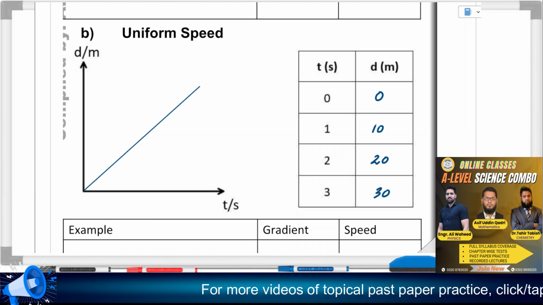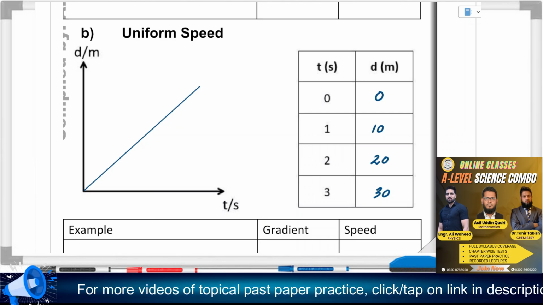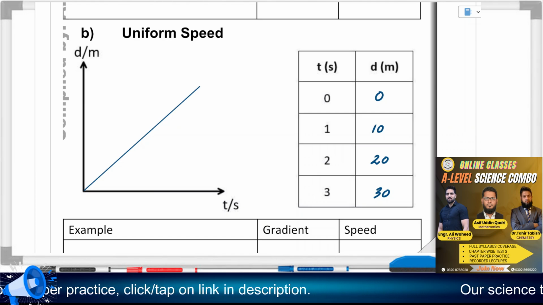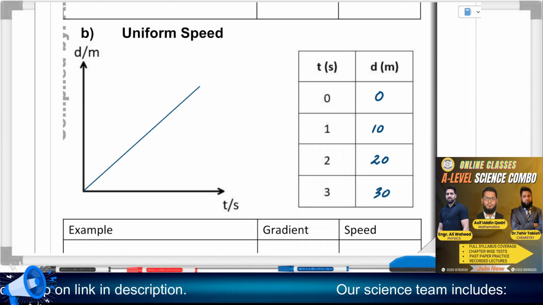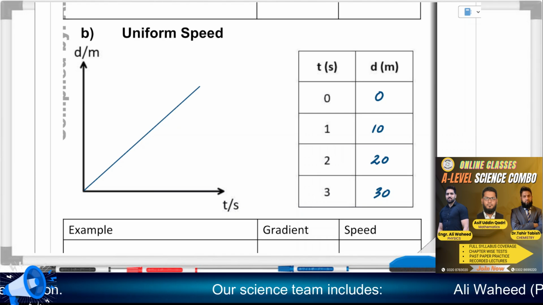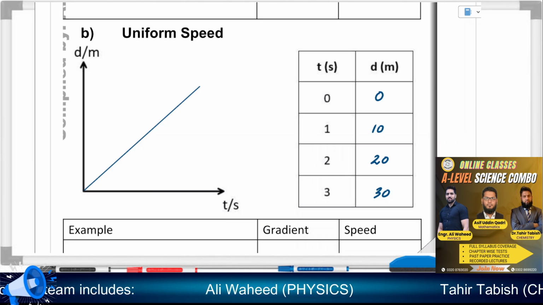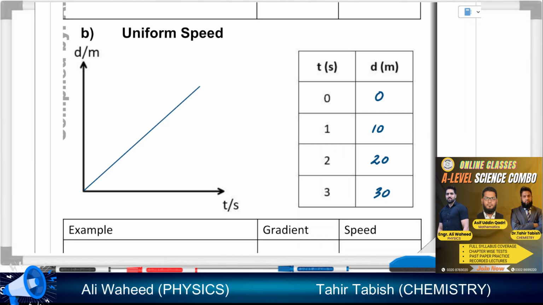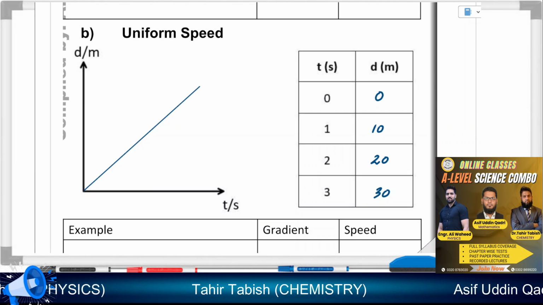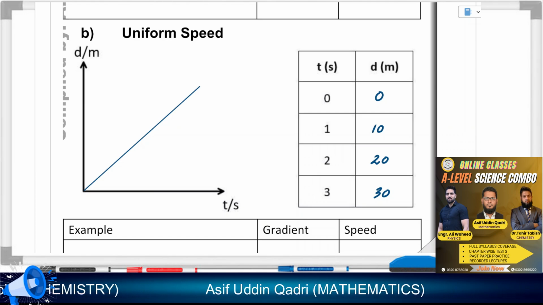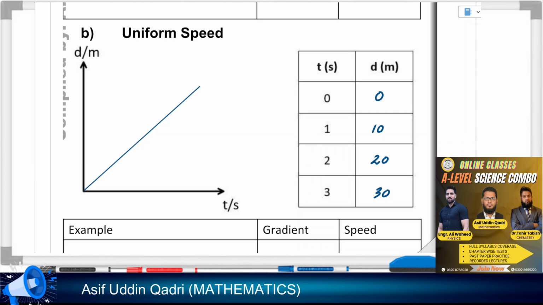How do we know it's a uniform speed? Because, sir, equal distance is being covered in equal time intervals. After every second, the increase in distance is 10 meters. So it's moving with a uniform speed.